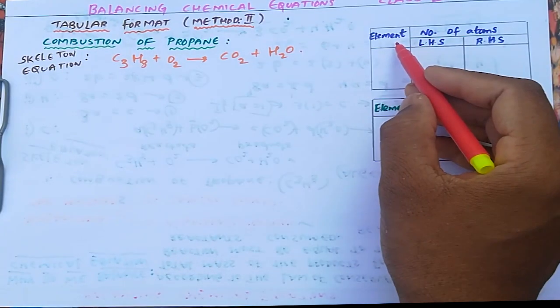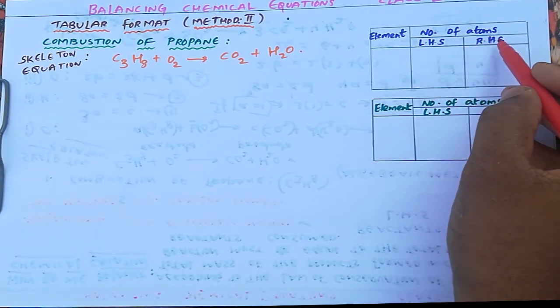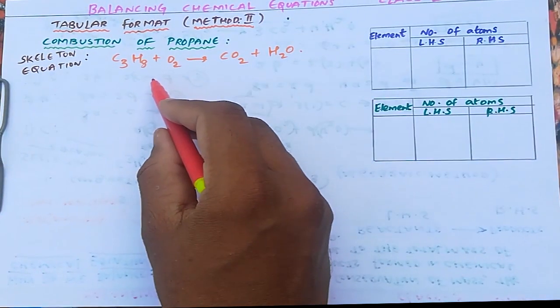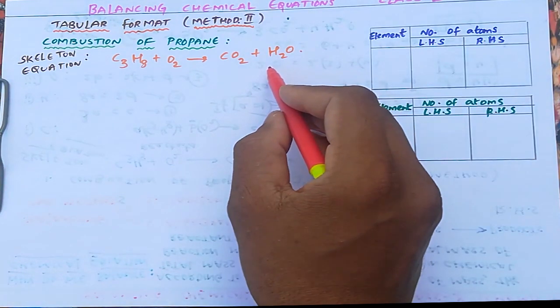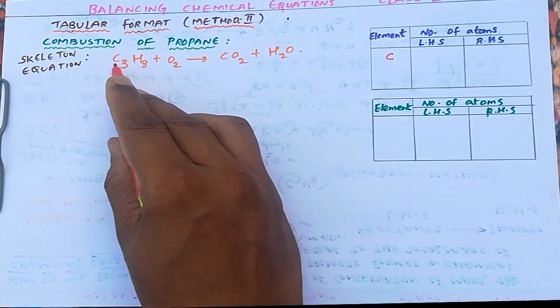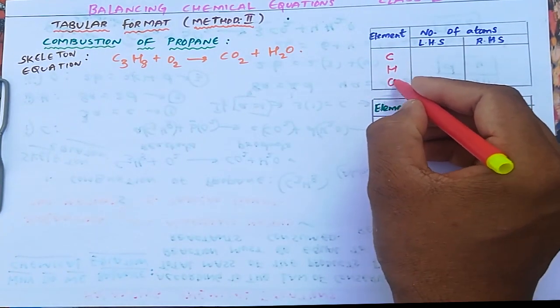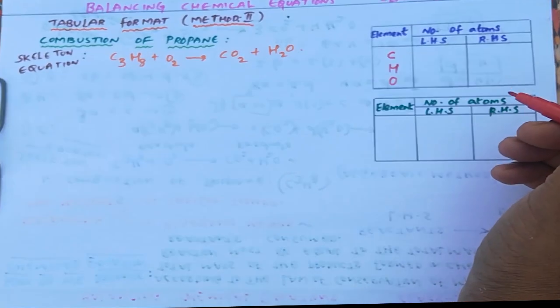The first column is for the elements. What are the elements we have? We write in this column, and then the number of atoms on the LHS, that means the reactant side, and on the RHS, that means the product side. The elements I'm taking are carbon, hydrogen and oxygen.